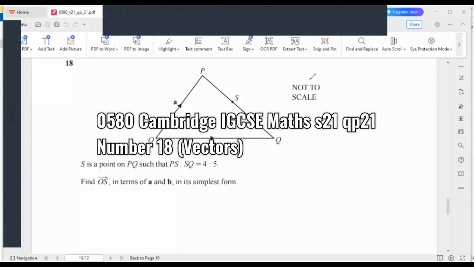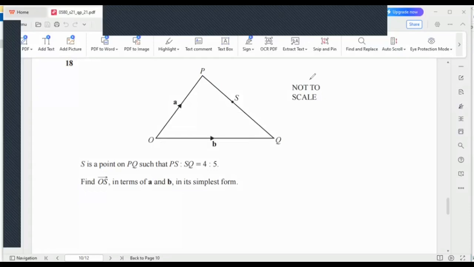So today we're going to be doing a vector question. Vector questions are pretty straightforward if you can follow the process. Let's take this question for example. Now this is a 2 mark question. Let me show it to you.